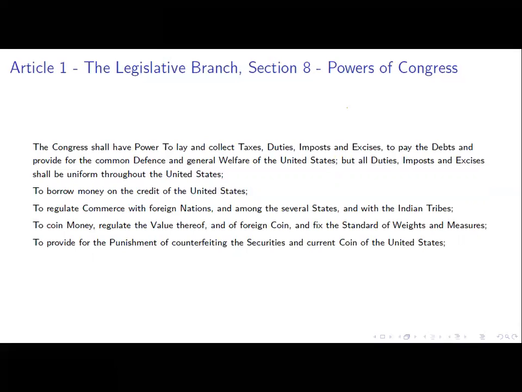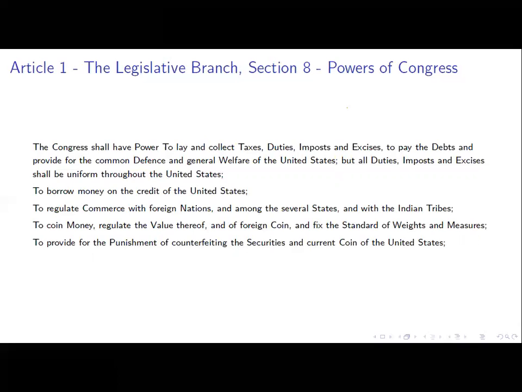Now the phrase is to coin money. What does the verb to coin mean? And the question is, when you see these green pieces of paper, is this coining money?